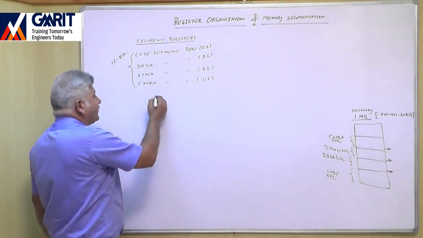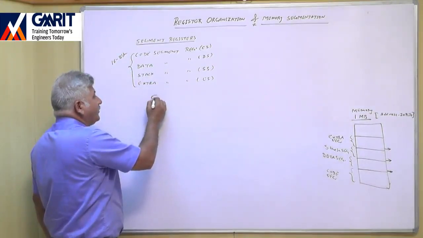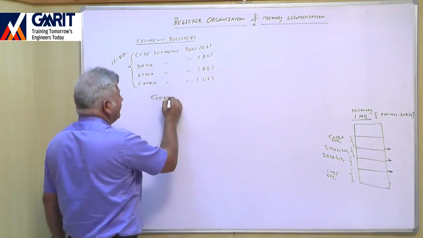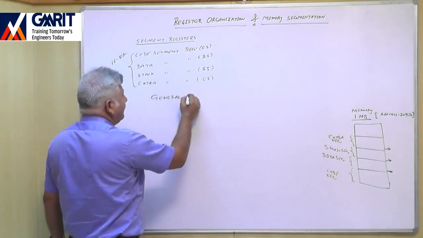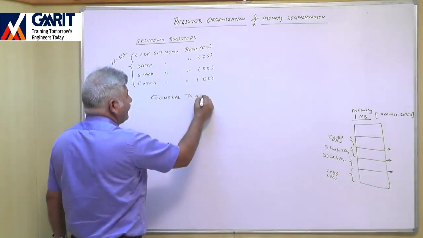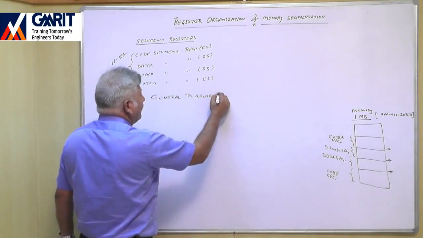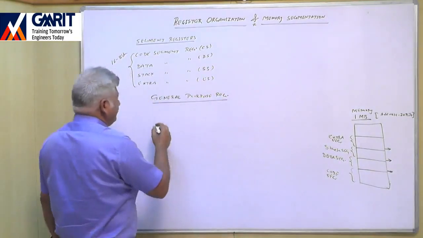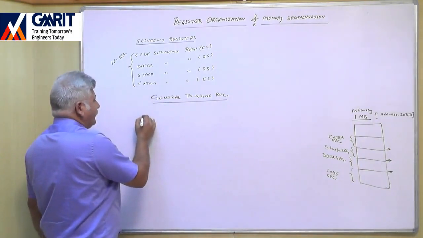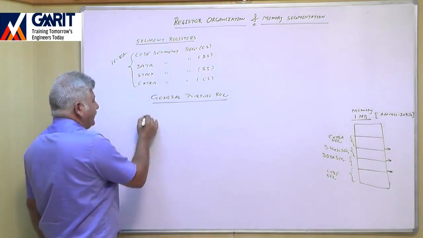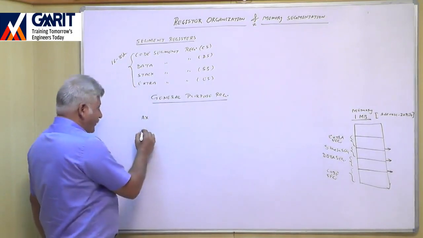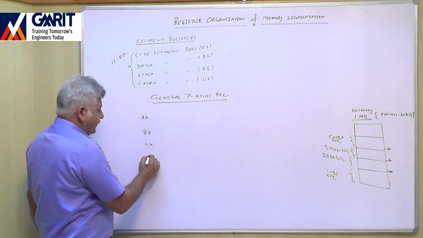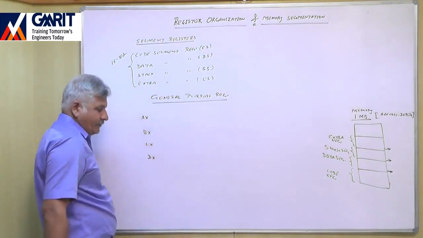Now after the segment registers, there are the general purpose registers. There is the AX register, BX register, CX register and DX register.